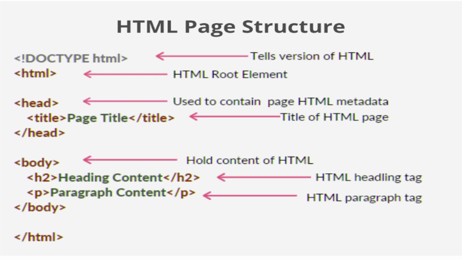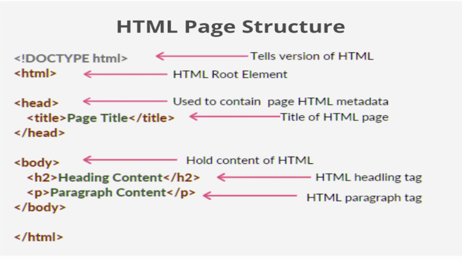It is a simple HTML page structure where it contains all these elements, where the first element, the doctype HTML, tells the version of HTML, and later comes an HTML tag, which is also known as the root element, where inside this all the elements will be coming, and later we have a head tag where it contains all the metadata like page elements and so on.